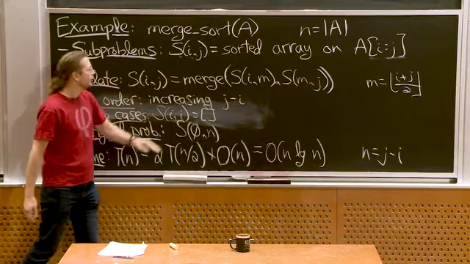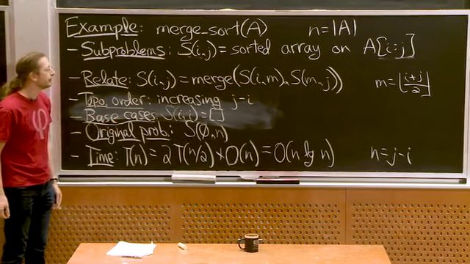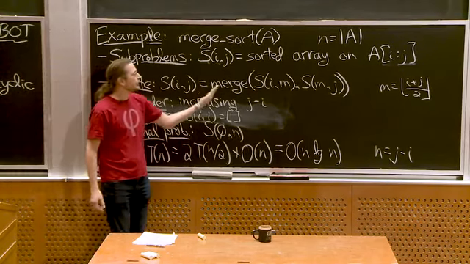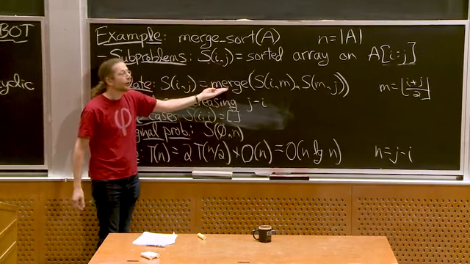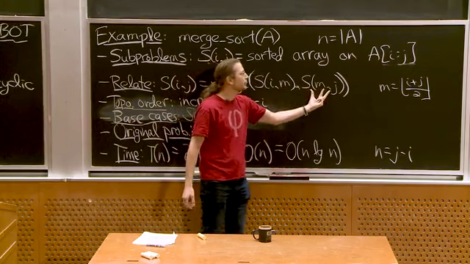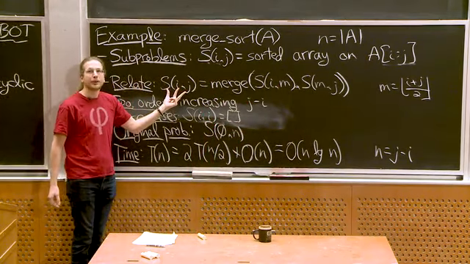If we merge those, that gives us the sorted array from i up to j. And that's exactly what merge sort does. So in general, this relation is just some algorithm for: if you're given the solutions to some smaller subproblems, how do I solve the subproblem that I want to solve?